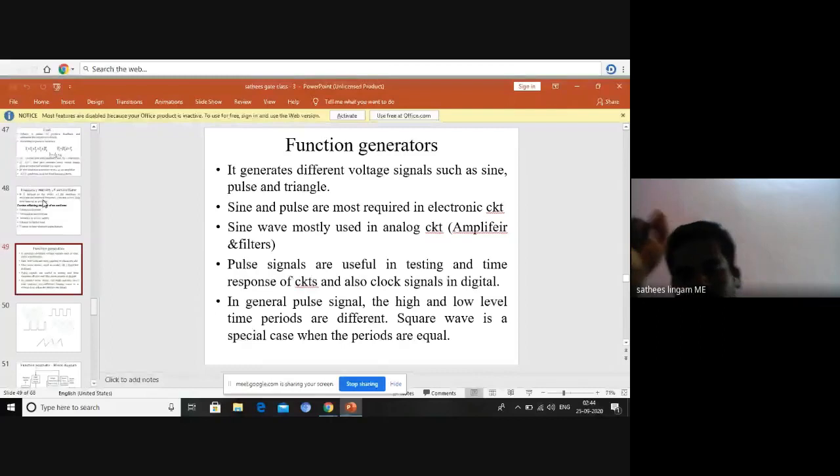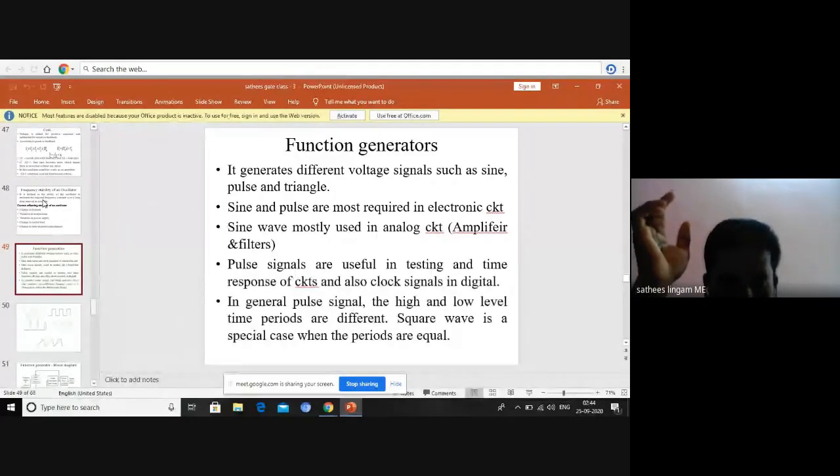Each and every signal is called a function, because it is a time variant signal. We can call them the sine function, pulse function, triangle function. In both our digital and analog discussions, we mostly prefer sine wave and pulse wave.